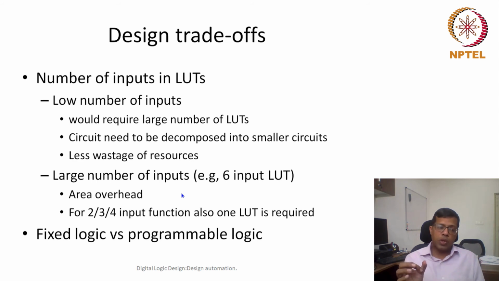So how can we improve the utilization? The improvement of utilization can be done if we can have some fixed logic. So rather than using programmable logic, if we use some of the logic as fixed logic, then it could be quite efficient. But then it loses its own objective that hardware has to be programmable.